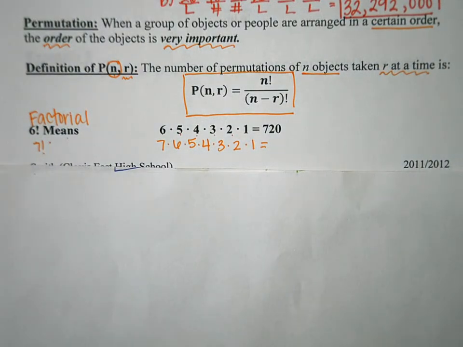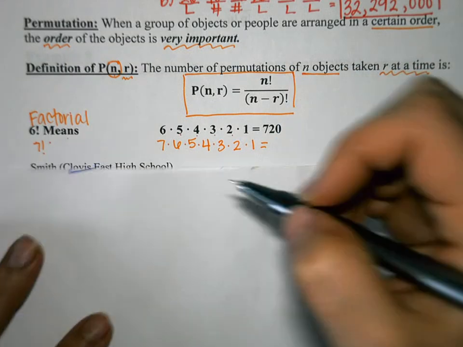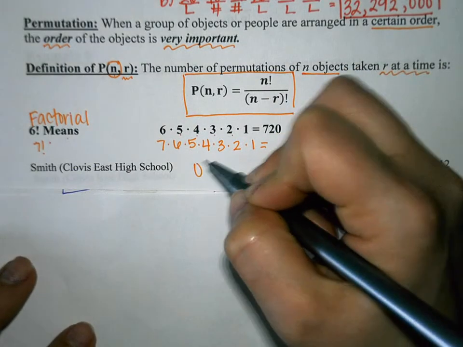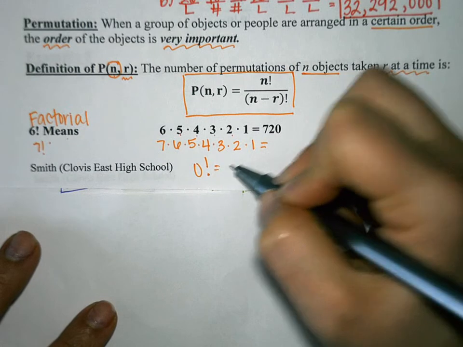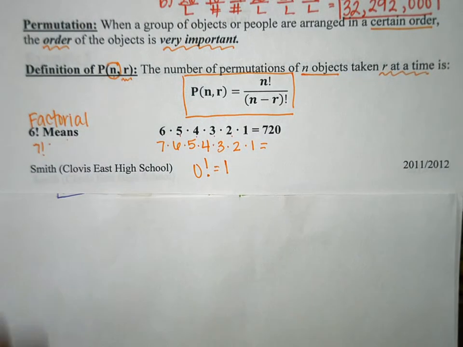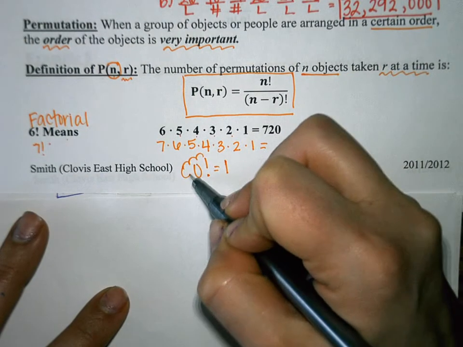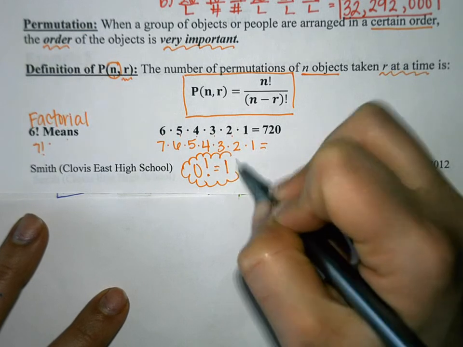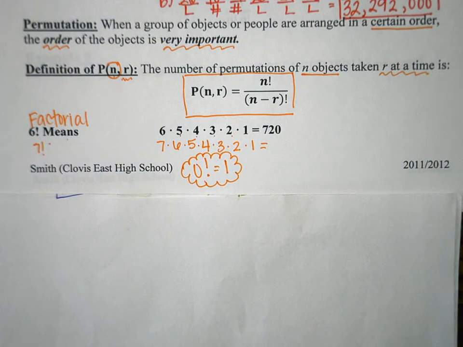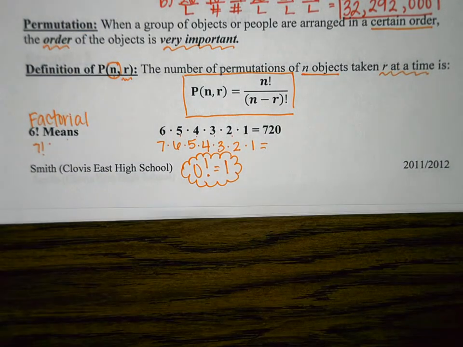The one that does differ a little bit is 0 factorial, and I want you to make sure you have this one written down. 0 factorial always comes out to 1. And that's because we can't divide something by 0, and it means that we're only picking one number, so it always comes out to 1.